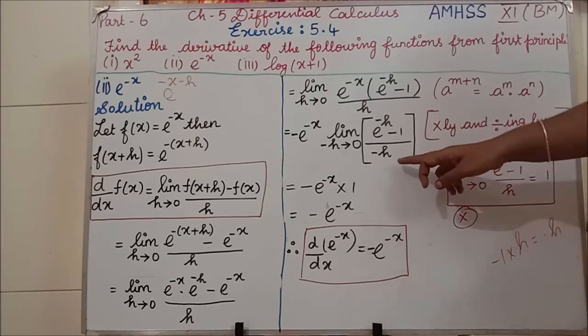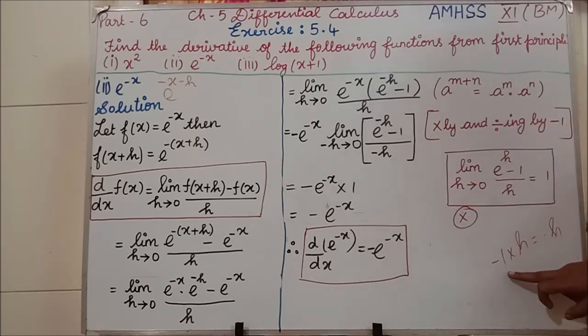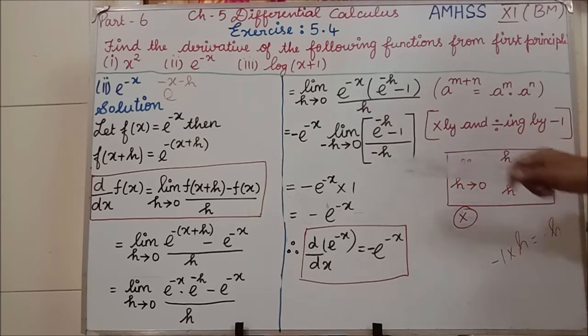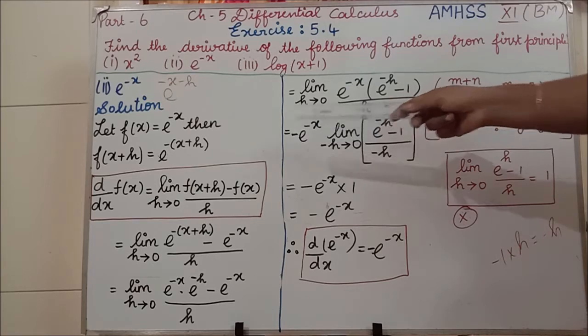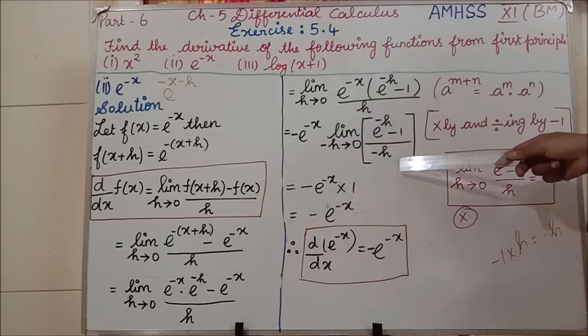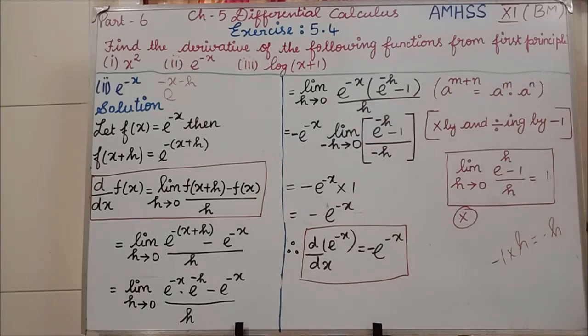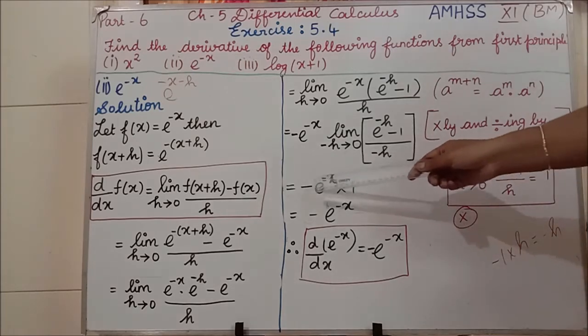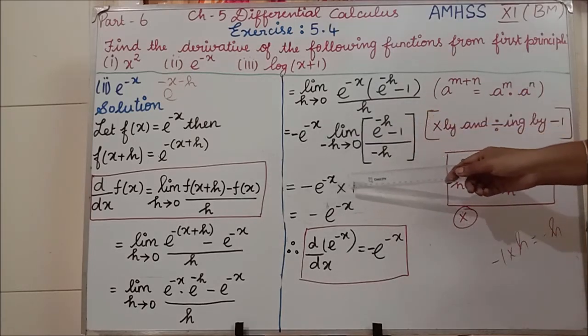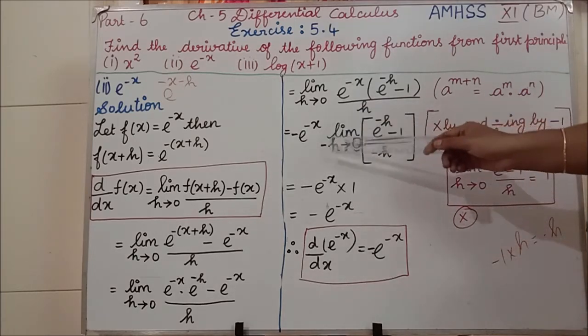How did this h come? See, if we divide minus 1 into h, it will be minus h. So I have written directly minus h. Here minus 1 we are multiplying and here minus 1 dividing. Clear? Next step, minus e power minus x into this whole value.